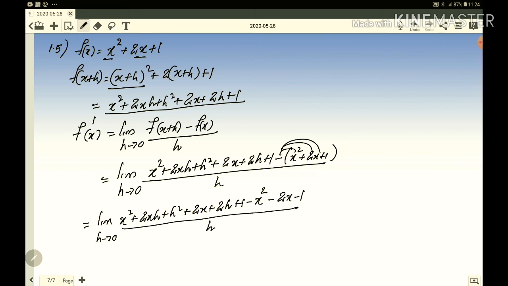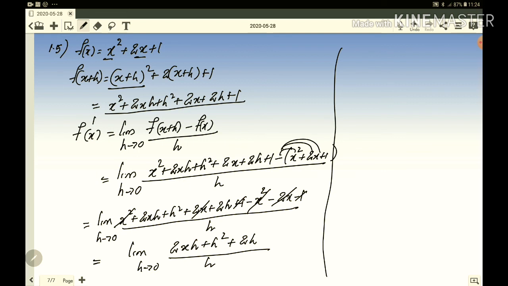Now we can see many things in the numerator to be cancelled: x² minus x², then minus 2x, and plus 1 minus 1 gone, isn't it? So what is left is limit h tends to 0, 2xh plus h² plus 2h, divided by h.